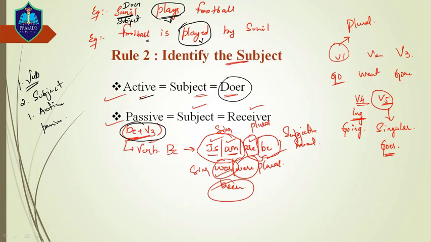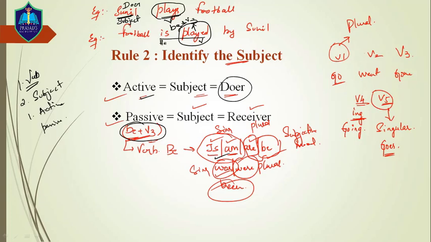First we identified the verb, and the next thing we have to do is identify the subject here. To identify the subject, we have to identify whether the sentence is in active or passive voice. So here it is in passive voice because it is in be plus V3 form. Played is the V3 form of play, and is is the be form.